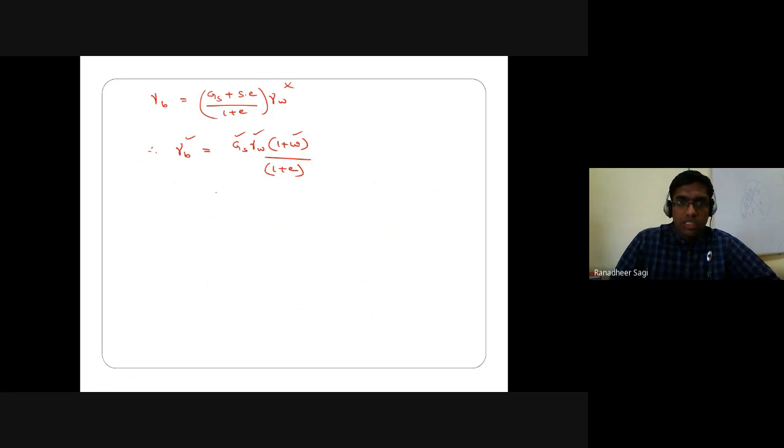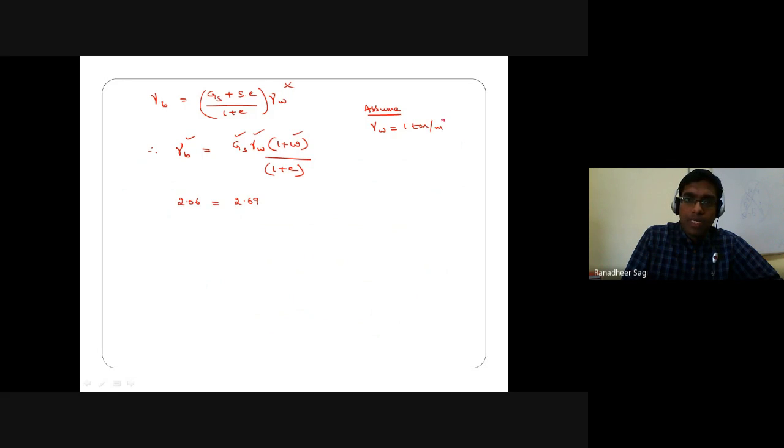Let me substitute all the known values into this expression, where gamma B is 2.06 tons per meter cube and GS is 2.69. For the unit weight of water, I am considering it as approximately 1 ton per meter cube.